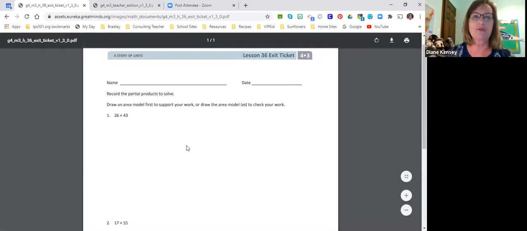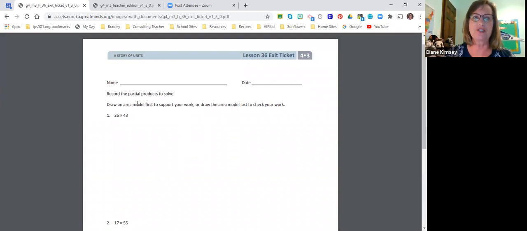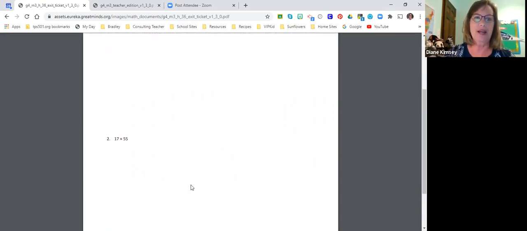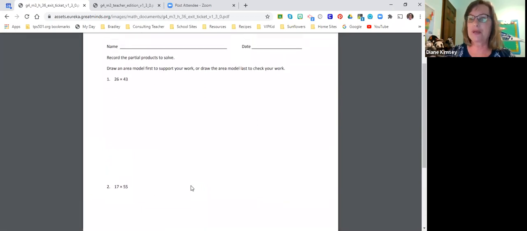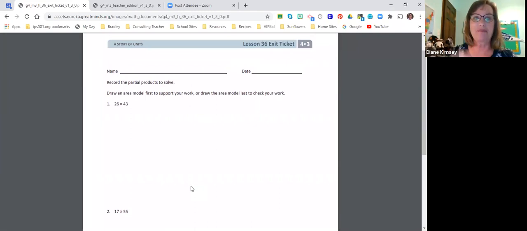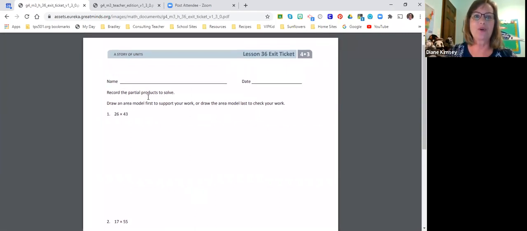I'm going to pay very, very close attention to the vocabulary. There happens to be just 2 math problems. Just 2 math problems, 2-digit times 2-digit. Now let's take a look at the vocabulary. Record the partial products to solve. They must be able to draw an area model first to support their work, or draw the area model last to check their work.